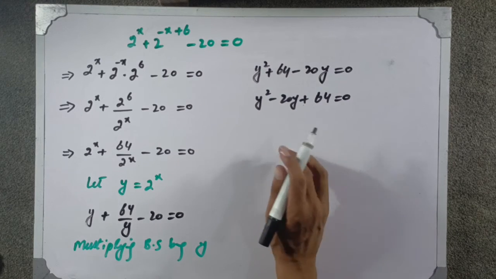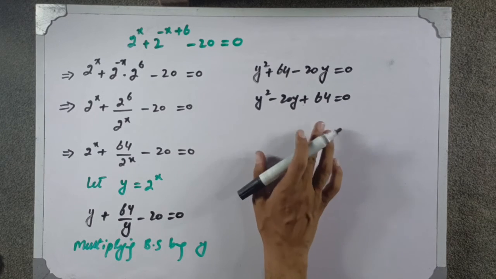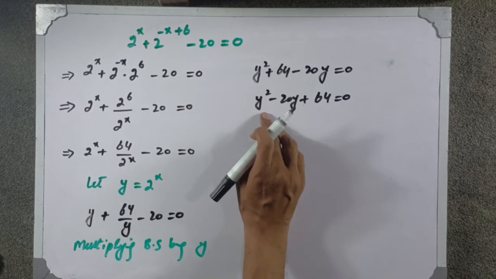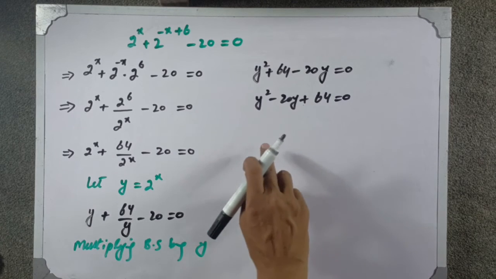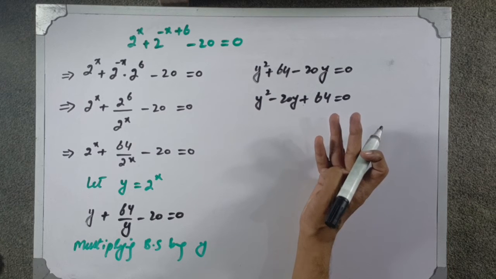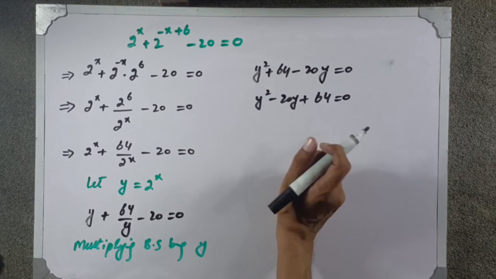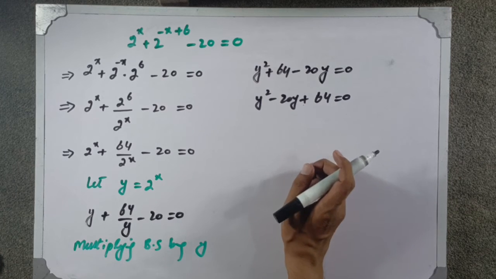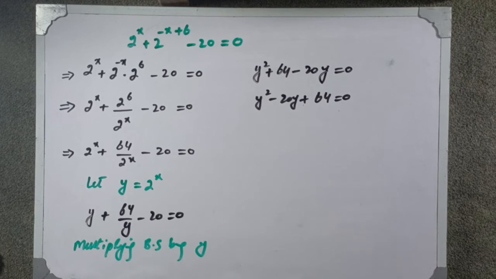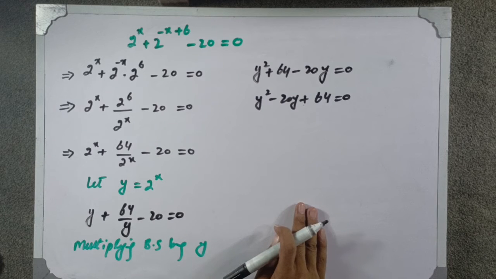Now we have to solve this quadratic equation in y. We can solve it either by completing the square, or by the quadratic formula, or by factorization. Here I am going to solve it by factorization.